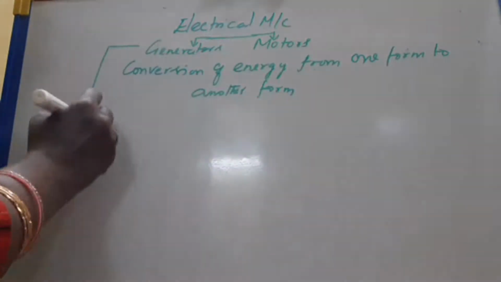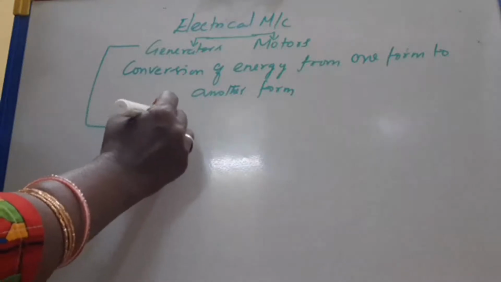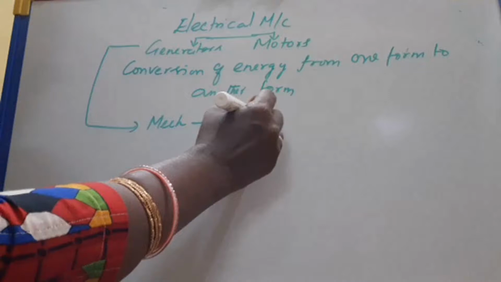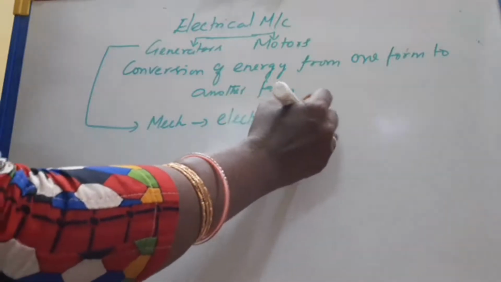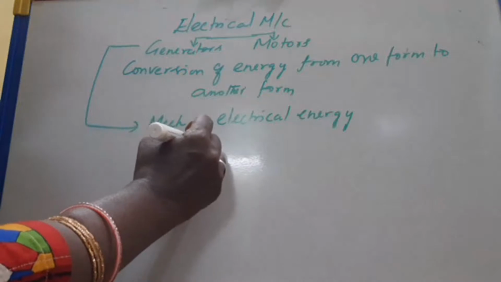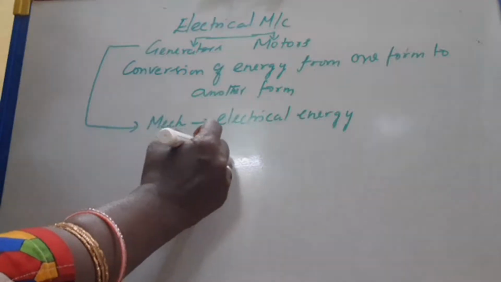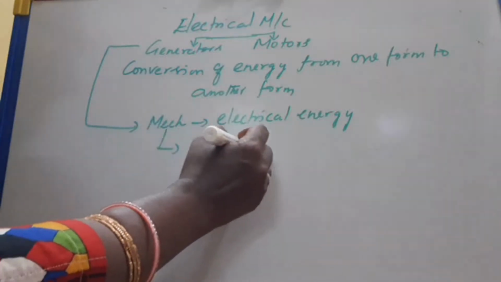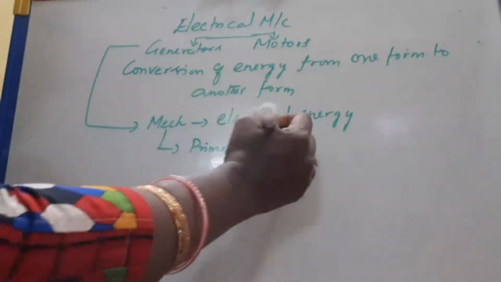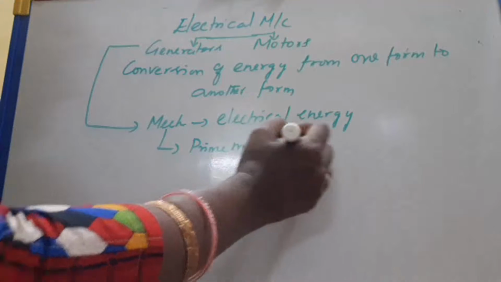In a generator, the mechanical energy is converted into electrical energy. In order to provide the mechanical energy, we have to take a prime mover. The prime mover gives the mechanical energy and it produces the electrical energy.